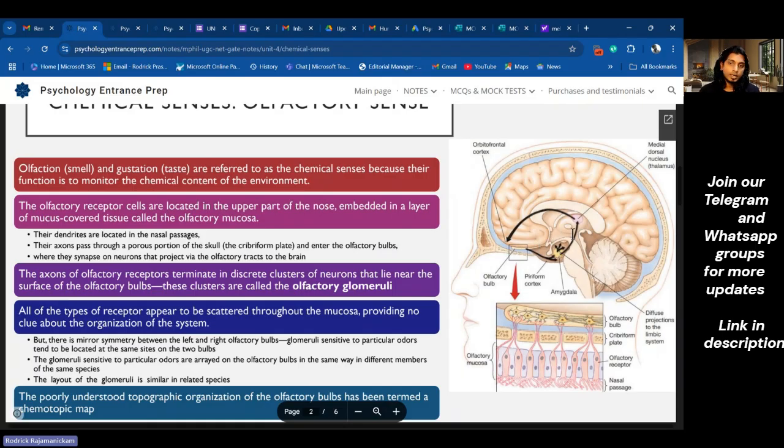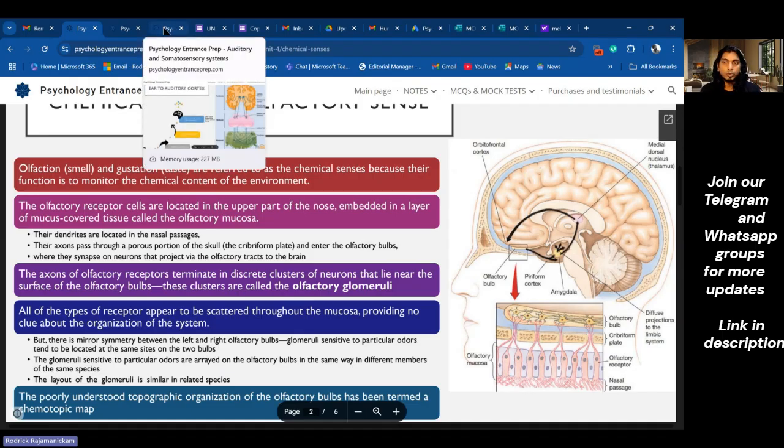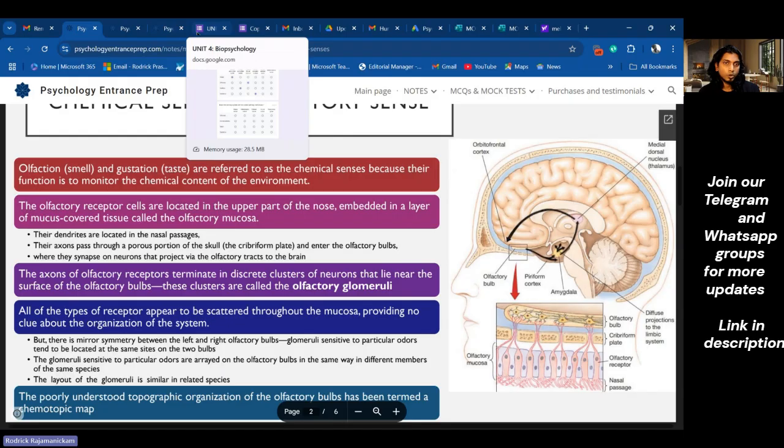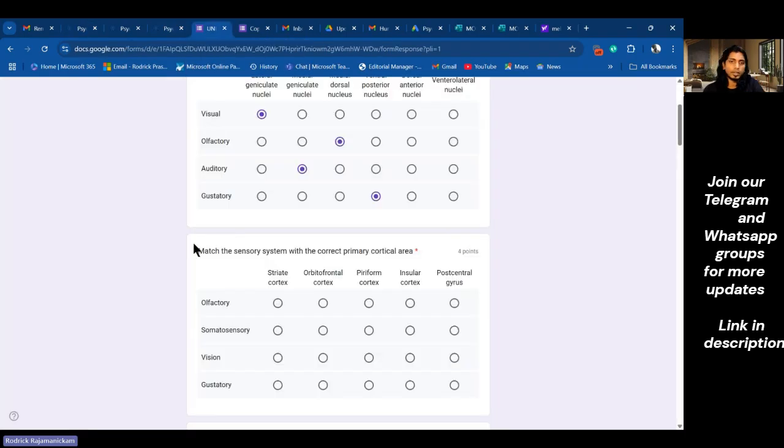Then it goes to the thalamus and then to your orbitofrontal cortex. So for olfactory, you have two structures involved in the sensation, piriform as well as orbitofrontal. And it is the only pathway which does not go through thalamus first. That's also a possible question, which I think we do have later.